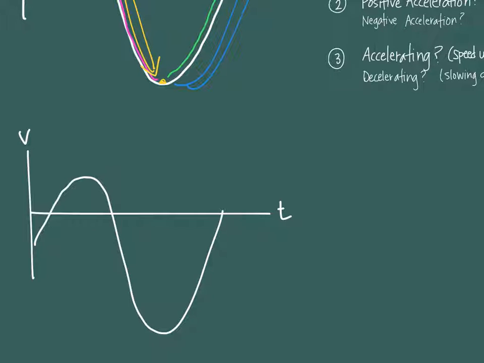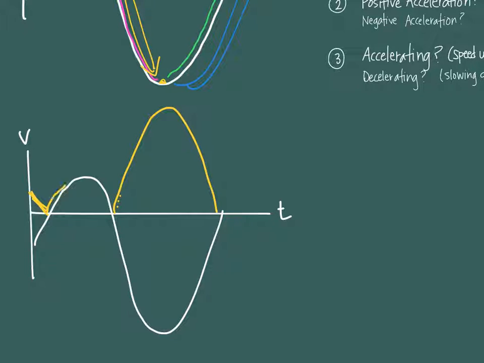To convert it to a graph of speed, you need to reflect the negative sections into positive, because speed is the absolute value. And so the graph of speed would be like this. It also would be this little section right there. So the graph of speed takes the negative pieces and flips them above the x-axis.